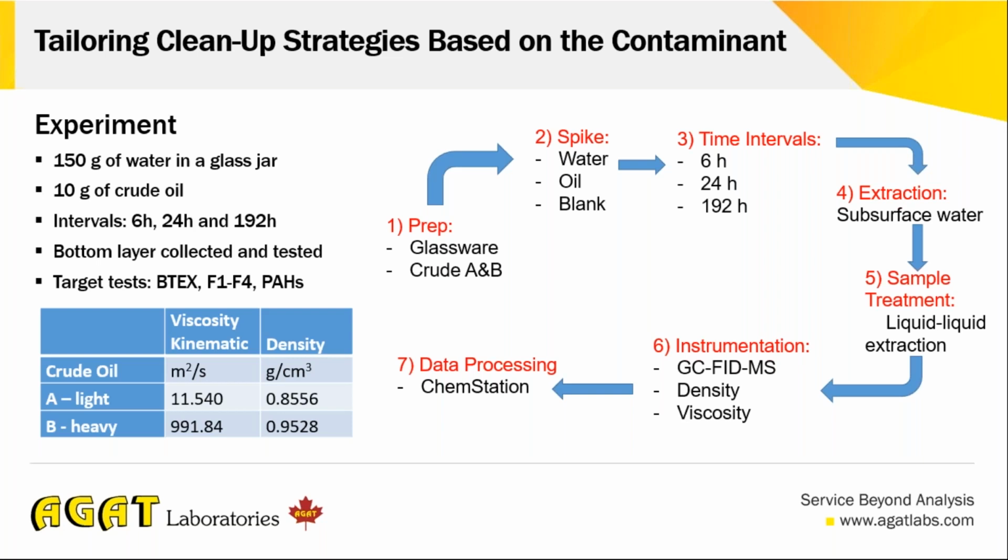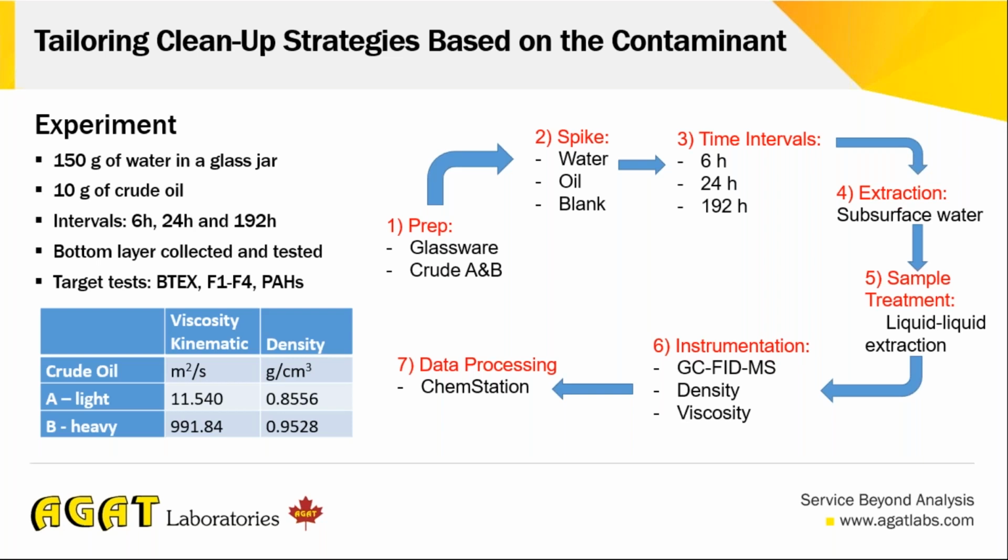The target compounds I discussed earlier are BTEX, F1 to F4, and PAHs. For the sample collected beneath the crude oil layer, we did liquid extraction, and a portion of that extract was moved to the GC. We used GC-FID and MS based on the target compounds, and we got the results.